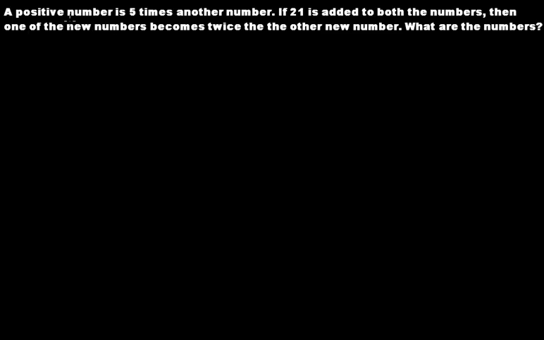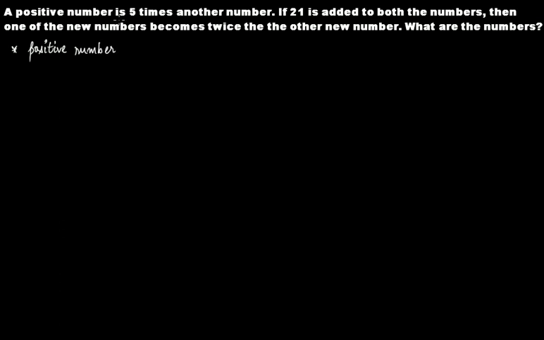A positive number is 5 times another number. If 21 is added to both the numbers, then one of the new numbers becomes twice the other new number. What are the numbers? Okay, very interesting. We have a positive number, so no scope for negative number.